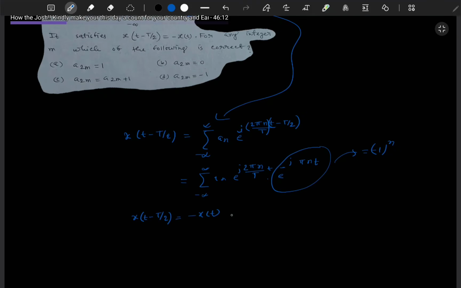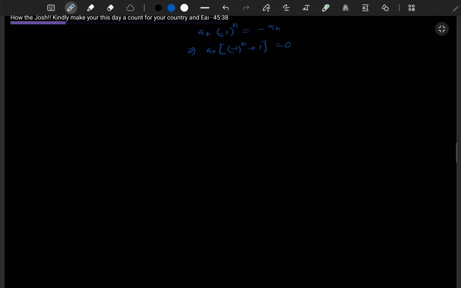That means minus 1 to the power n, if we take common.